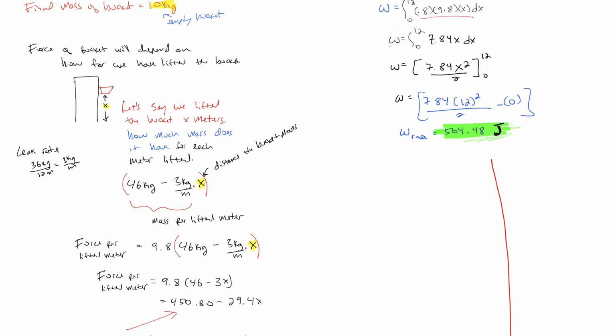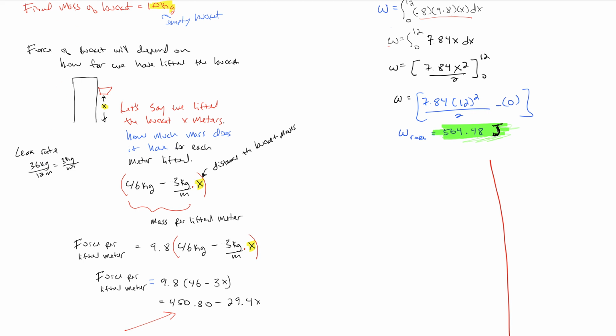So the first thing you want to do is get the leak rate. We know the max water is 36 kilograms, and all of it gets cleared out in 12 meters. So it's leaking at a rate of 36 kilograms per 12 meters, which reduces to 3 kilograms per meter.